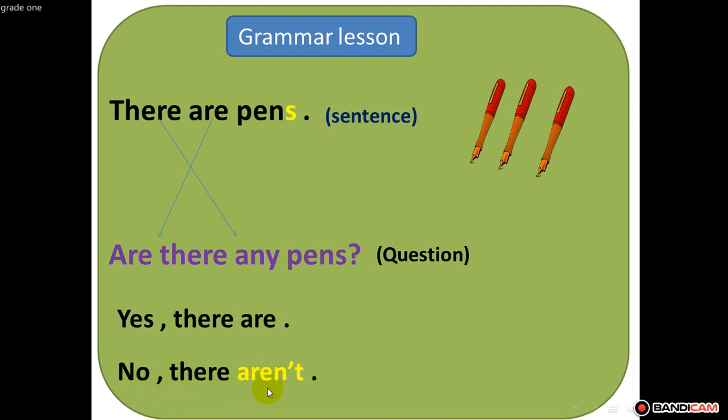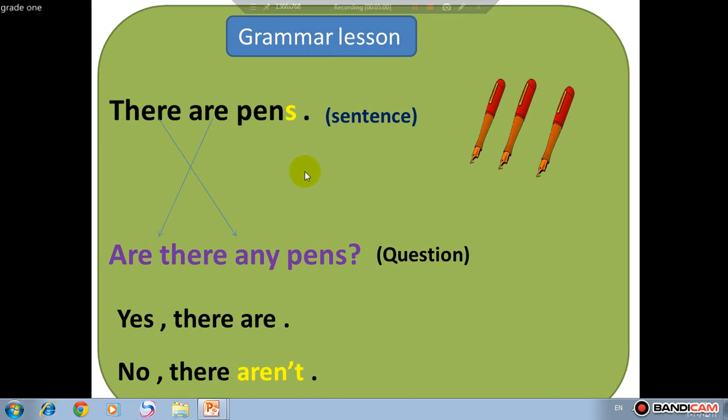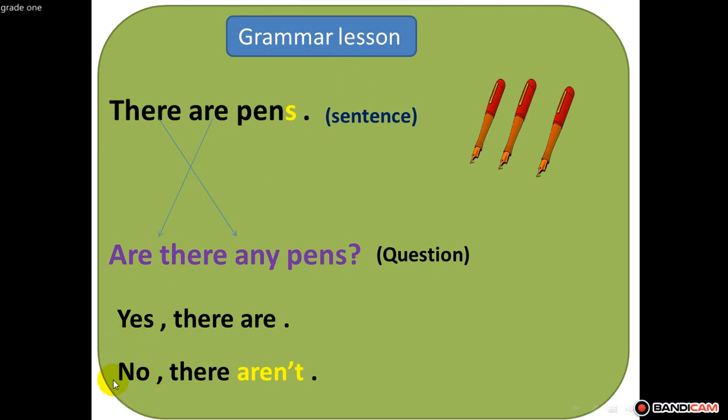As long as there is no, I have to put not at the end of the sentence. طالما بدأنا الإجابة بنو so يجب وضع كلمة not في آخر الجملة. We can't say no there are. This is wrong. The correct answer is no, there aren't.